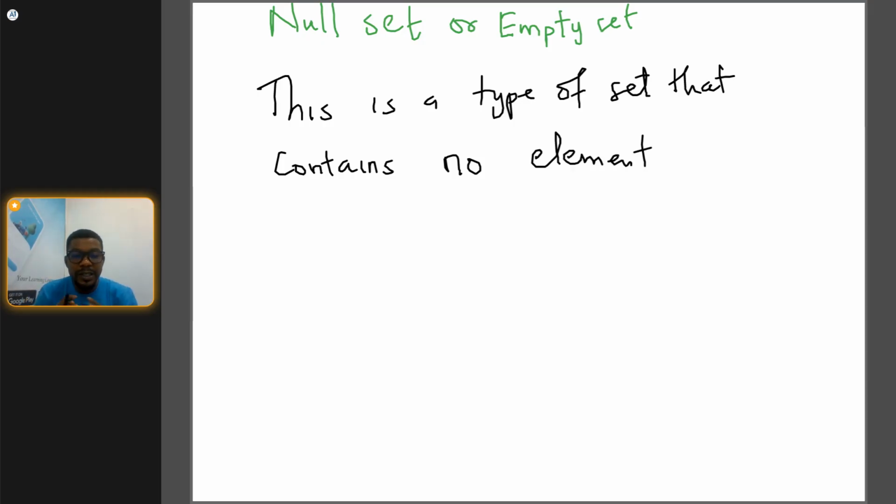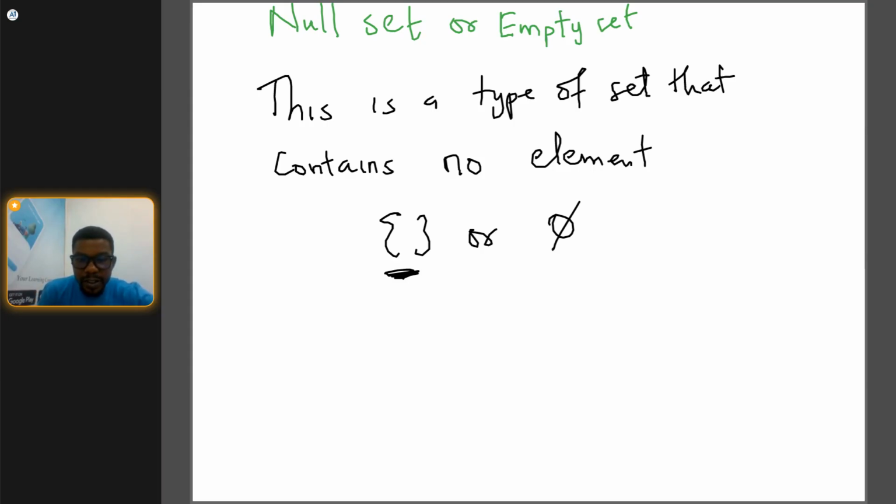So a set that contains no elements is said to be a null set or an empty set, and it is represented by this symbol. So a set that has no elements in it, that is empty, we have nothing in it, like what we have here. So it is called a null set or an empty set. Okay, I hope that is clear to us.